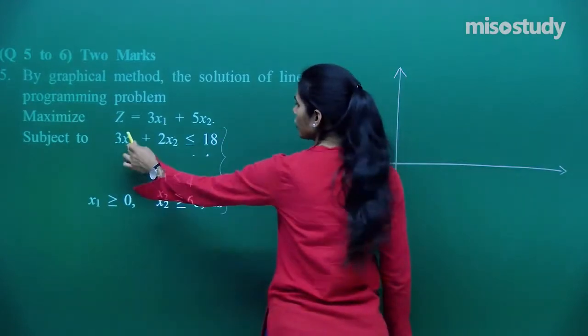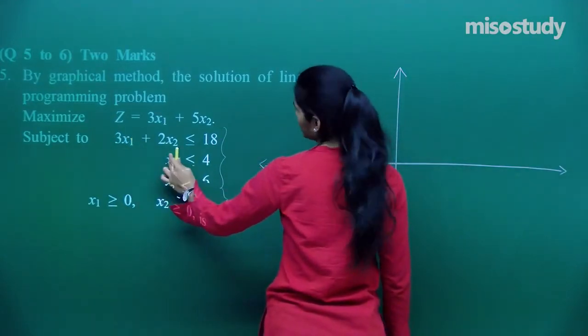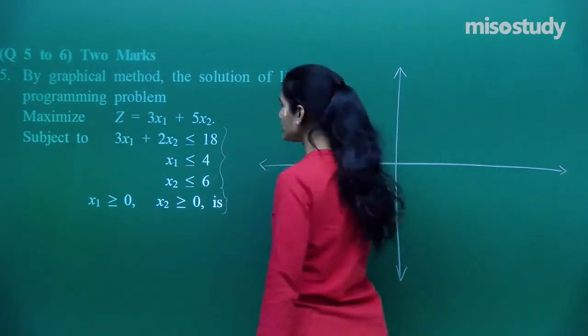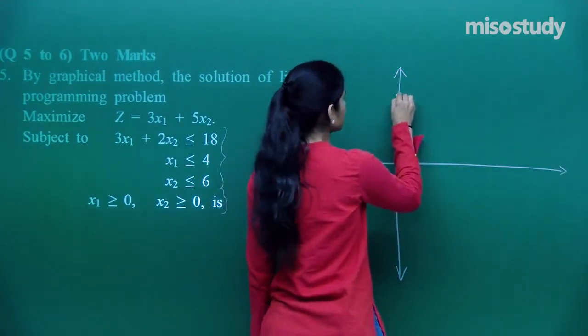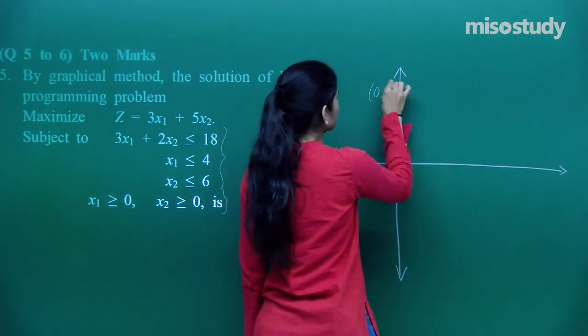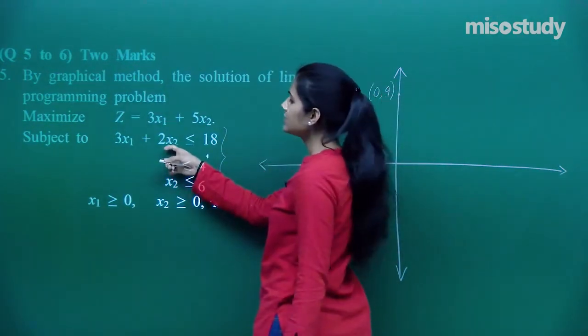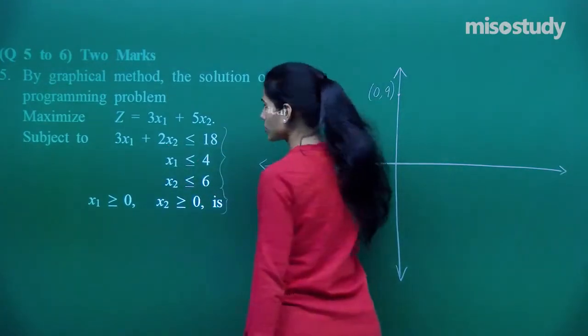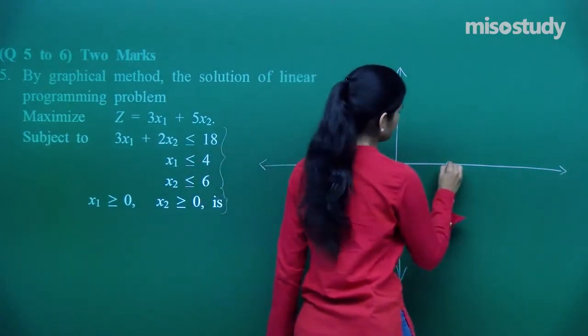First constraint, when x1 is 0, x2 is 18 upon 2, that is 9. When x2 is 0, x1 is 18 upon 3, that is 6. So this is (6, 0).